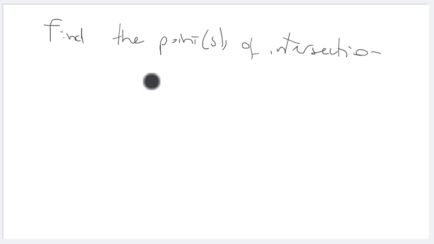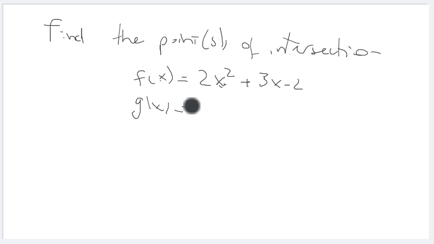The first one will be the parabola, f of x equals 2x squared plus 3x minus 2. And the line, we'll call it g of x, which is 2x plus 4.